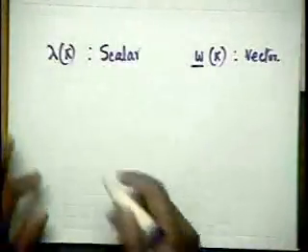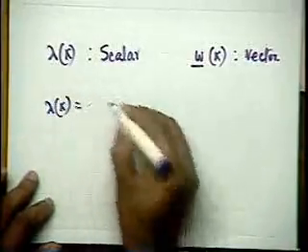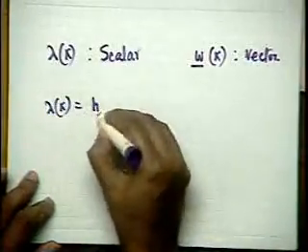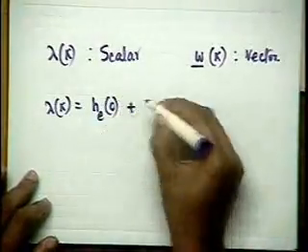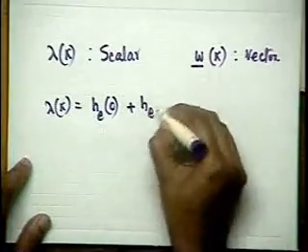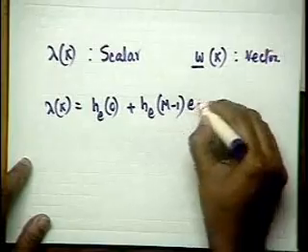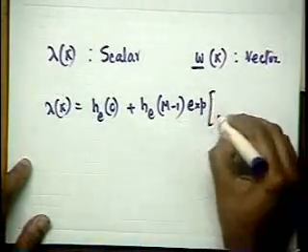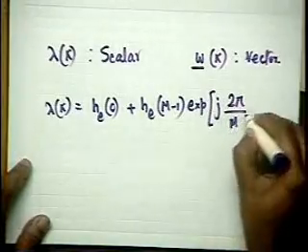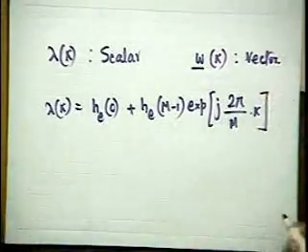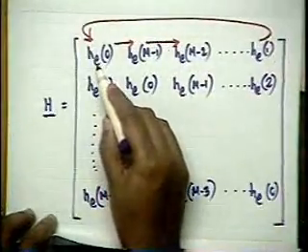So if I define the scalar quantity lambda k as follows, I take HE0, plus HEm-1 into exponential to the power j 2 pi by m into k. Just see what I am doing. I have taken HE0 as it is.